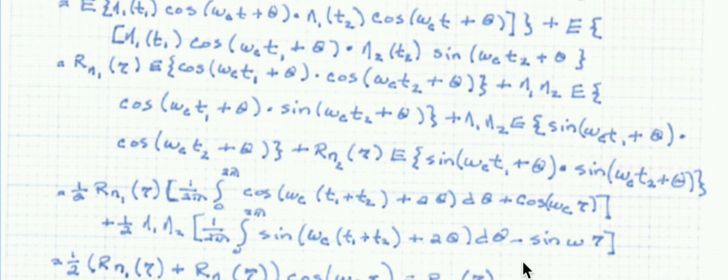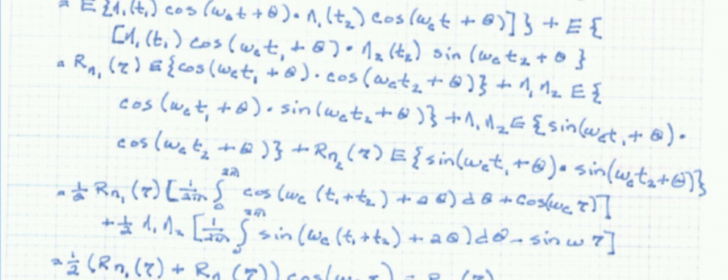Consequently, because of its stationary status and the fact that the first parameter, the mean, is 0, z of t is indeed wide sense stationary, WSS.